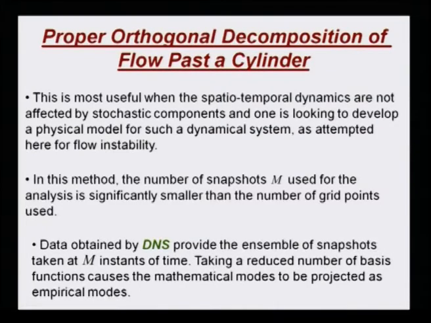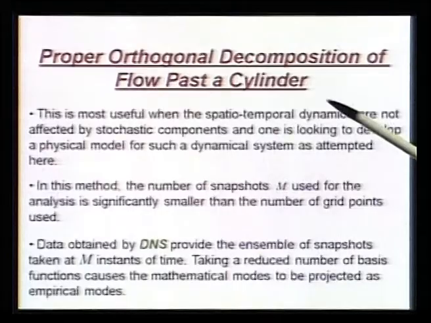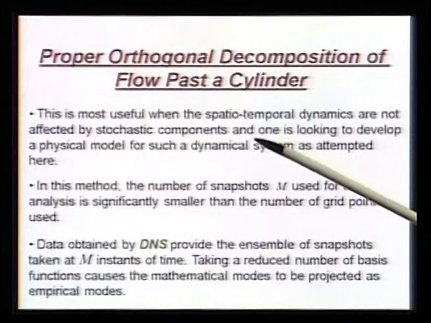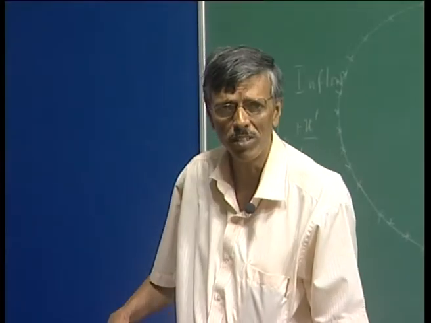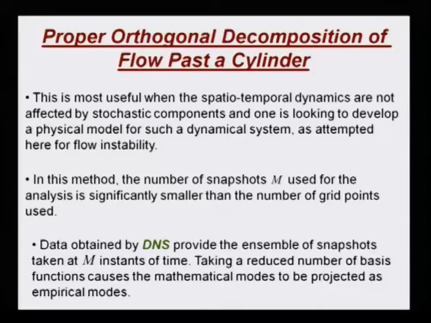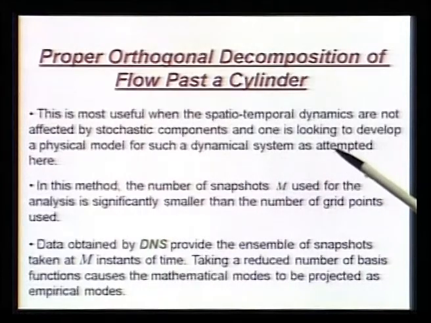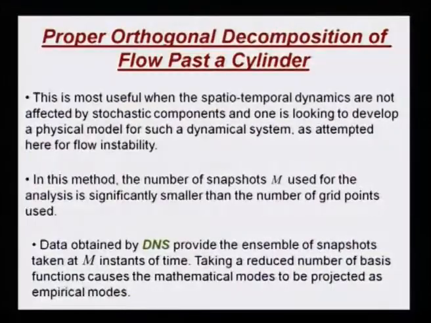Okay. So, if I am going to look at the dynamics of a system where the stochastic component is not very important, like flow instability we are talking about, so there are no such stochastic components involved, then what happens? With the help of POD, we can develop a physical model of the dynamical system.